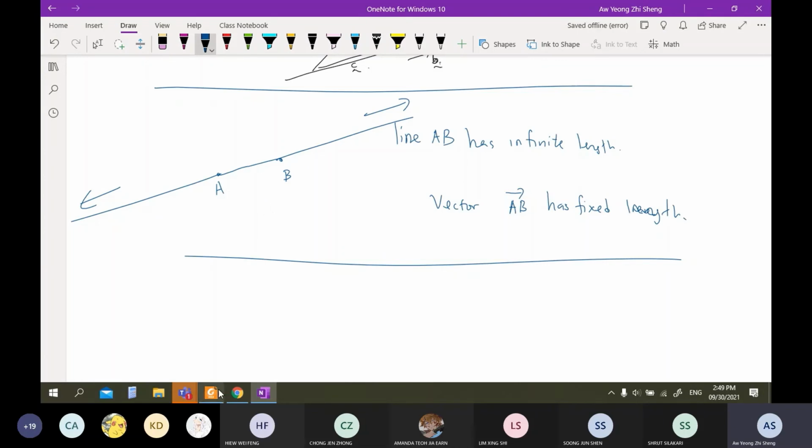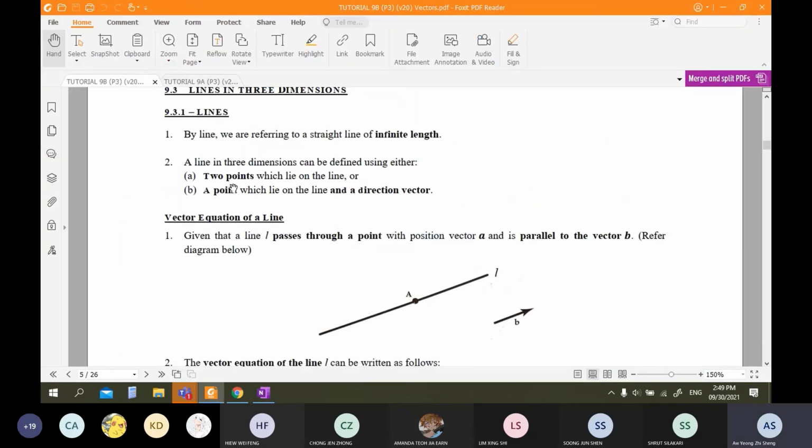So point number two, since our exam questions are 99.9% three-dimensional, we are of course talking about lines in 3D here. A line in 3 dimensions can be defined. The phrase can be defined means that if you are told 2 points on a line, you can already get the equation of the line.